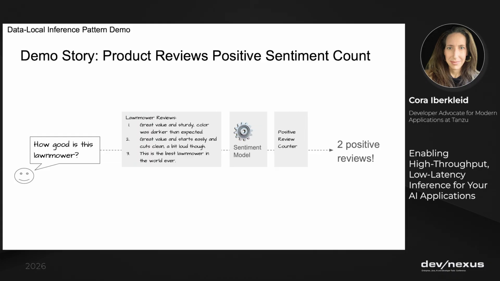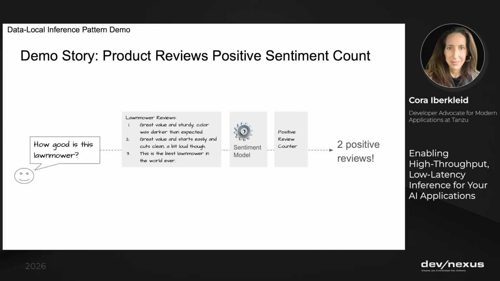It'll check the cache first, so it doesn't duplicate computations. And if that review has not been evaluated yet, it will evaluate the sentiment for that review. It'll count the positive ones, and then it'll send the results to the piece of code in the Spring Boot app that the user connected with, which is the one that invoked the function.